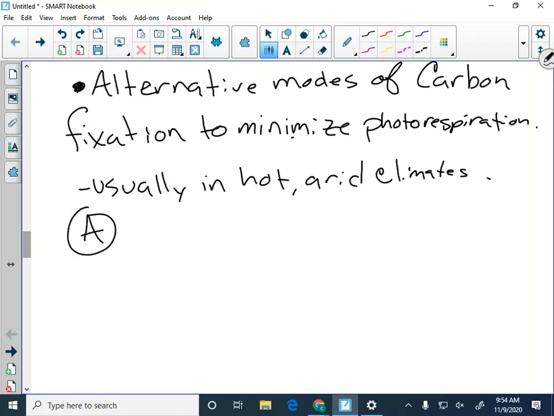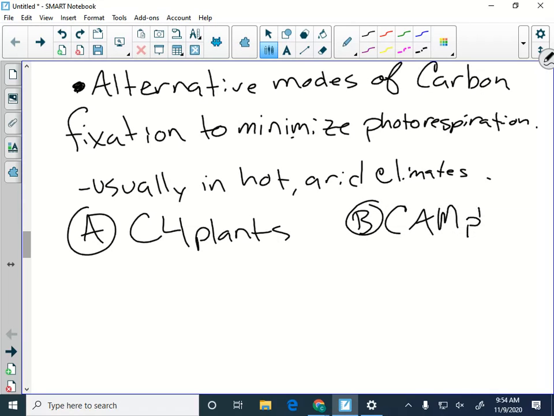We're going to call them C4 plants and CAM plants. I said we're going to call them, it's what science calls them. There are C4 plants and CAM plants. So they have a different way of going about this process.